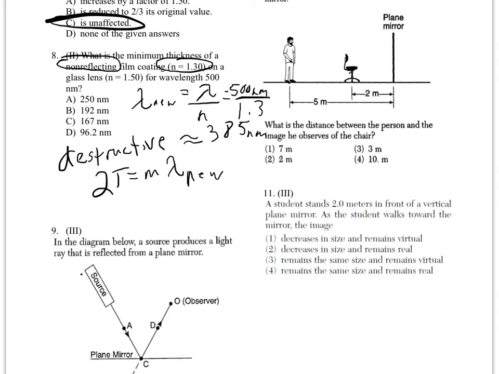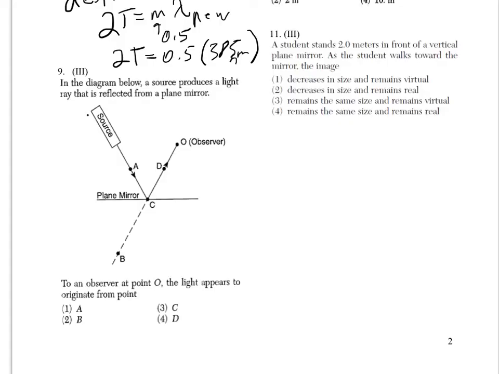If I want the minimum thickness for non-reflecting or destructive interference, I need the smallest m that will give me destructive interference, and that would be 0.5. So 2t equals 0.5 times 385 nanometers, and when I solve for t, I get 96.2 nanometers.